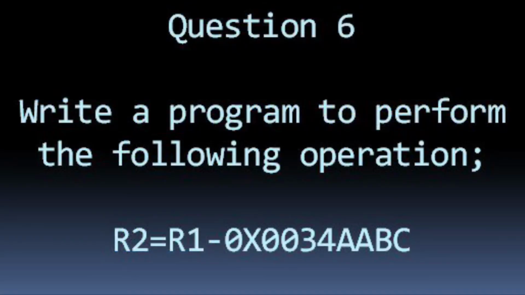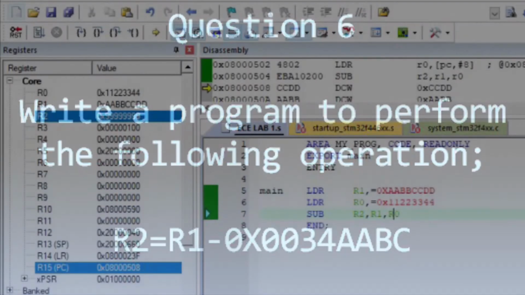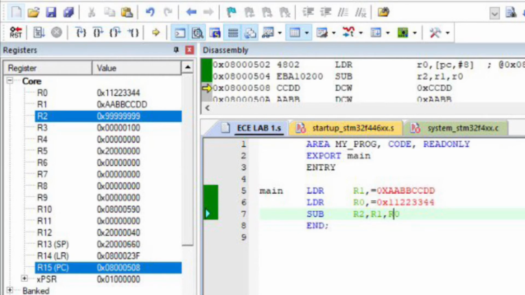For question 6, write a program to perform the following operation. The question asks to use the subtraction function. So next I will use LDR because it is 32-bit, LDR for R1 and for R0. For R1 I write 0xAABBCCDD. For R0 also LDR 0x11223344.